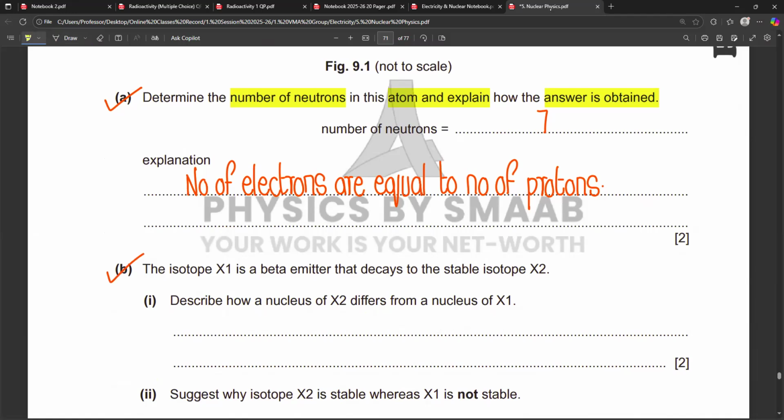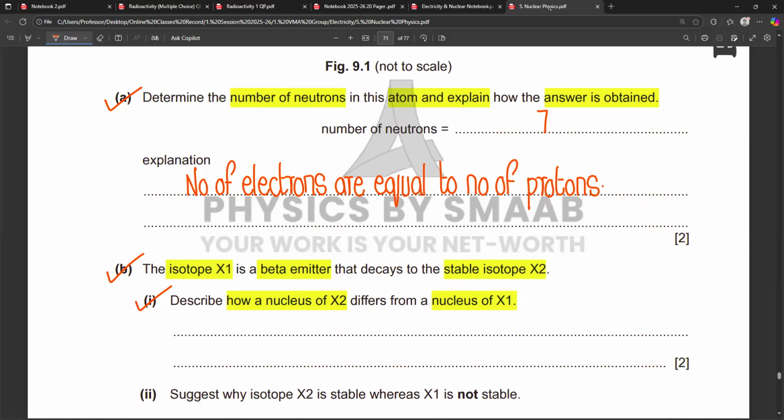B part: the isotope X1 is a beta emitter that decays to the stable isotope X2. Describe how a nucleus of X2 differs from the nucleus of X1. So isotope X1 is the beta emitter. It emits beta and decays to the stable isotope X2.